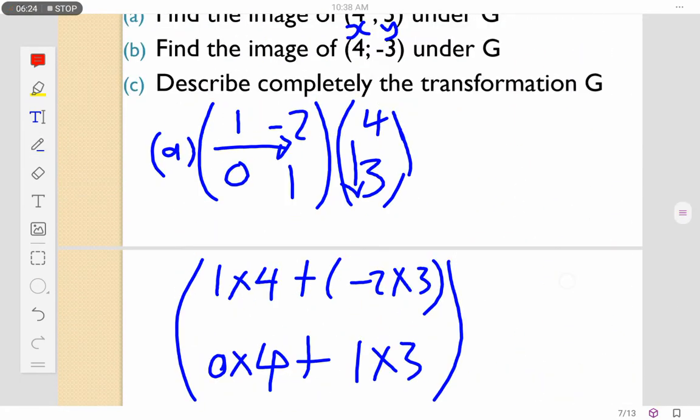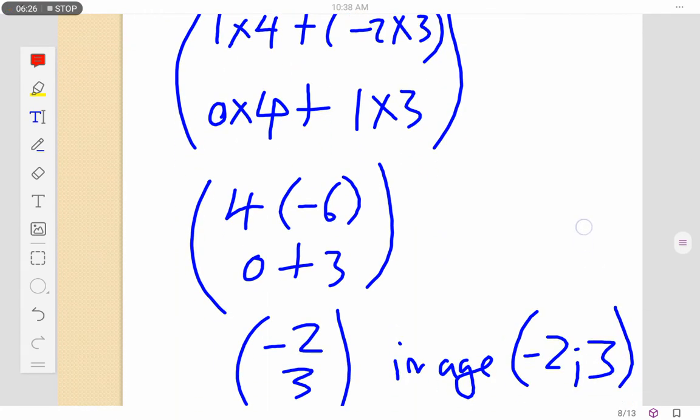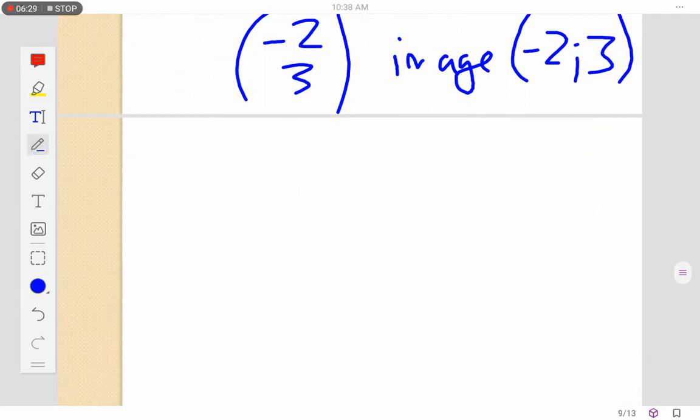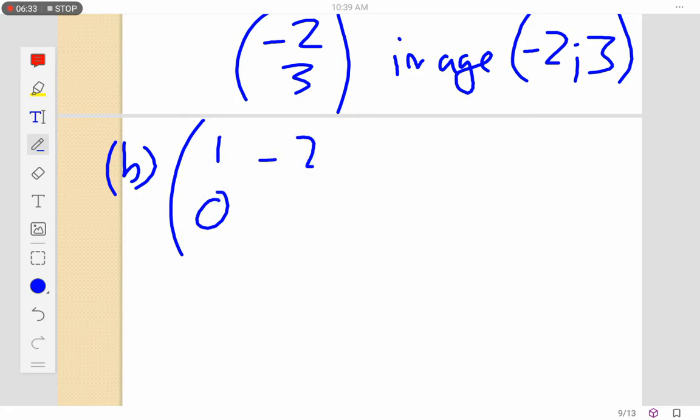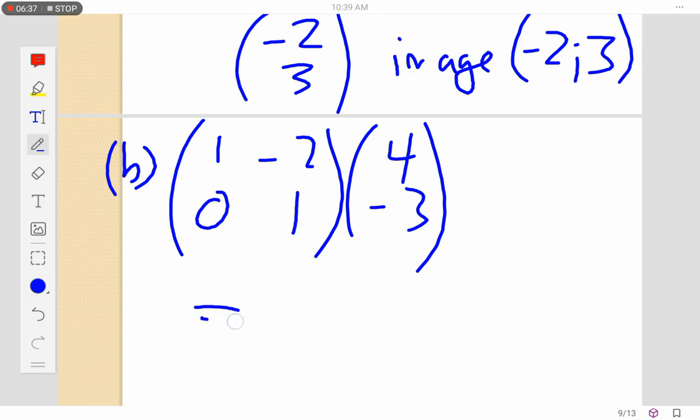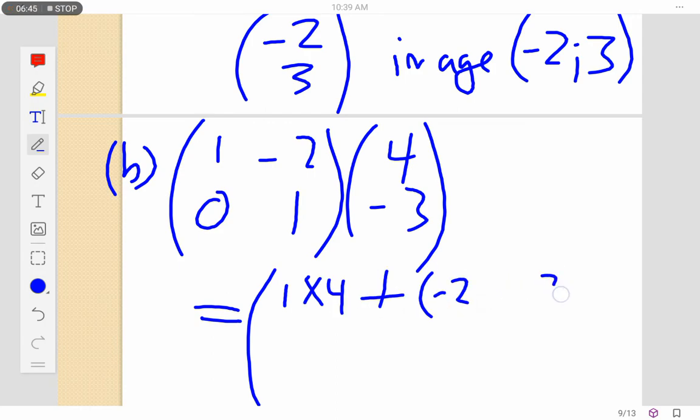For B, we are given B as (4, -3). Let's do it under G. We do the same: (1, -2; 0, 1) times (4, -3). If you do the row by column, you will get 1 by 4 plus minus 2 by minus 3, and 0 by 4 plus 1 by minus 3.